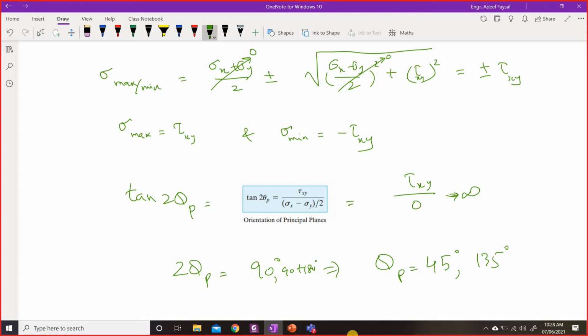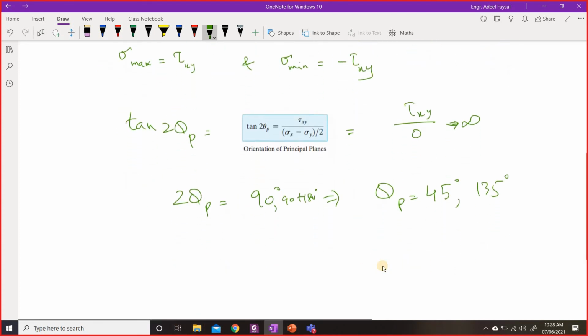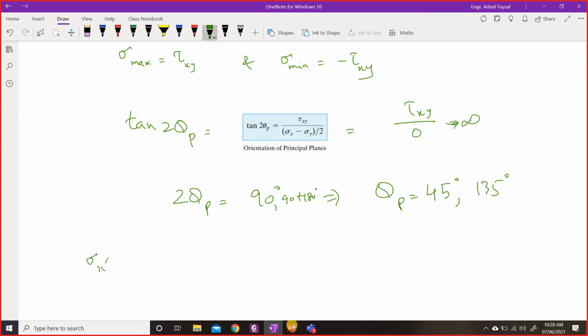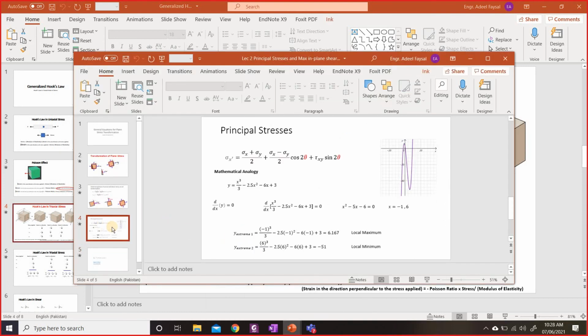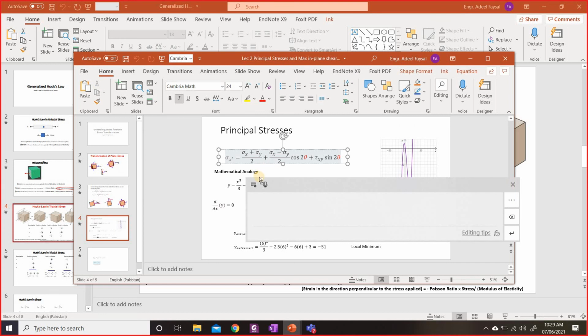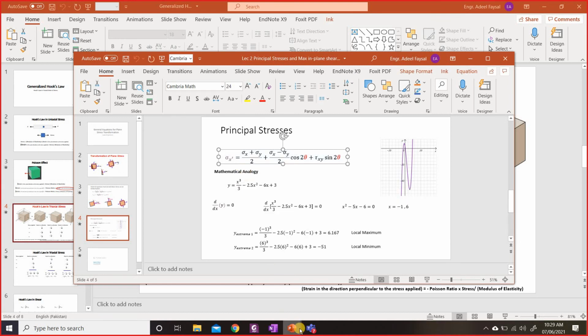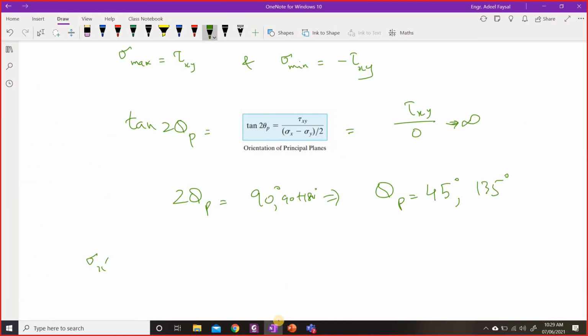Alright, so theta p is equal to 45 degrees and 135 degrees, and then, if you like, you can confirm from the general expression for sigma x prime. I know this is simple enough, shouldn't be any problem. If you copy this expression and paste it over here, you can easily see.